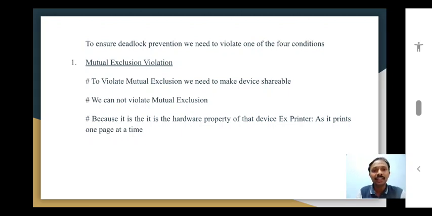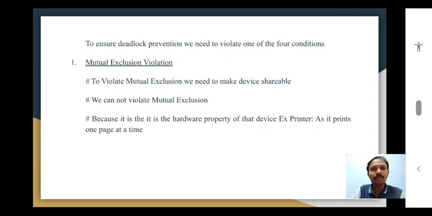One process takes charge of one page, and the pages are printed one after the other. So one work is happening at a time. This property is the mutually exclusive behavior of the processes. So mutual exclusion violation is not possible. So here, sorry, deadlock prevention will not be possible this way.